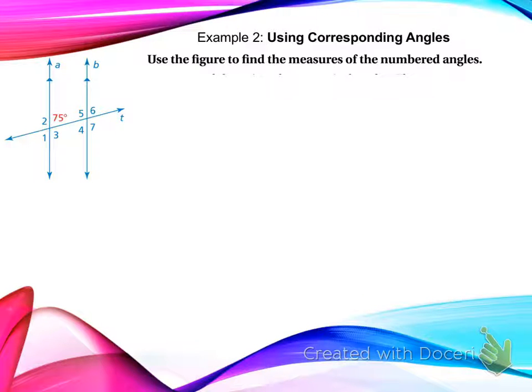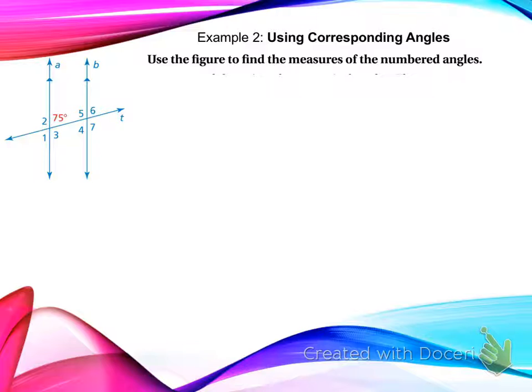So let's look at example 2. Here we're going to use corresponding angles in the figure to find the measure of the different angles. To start off with, we can see that angle 1 is what is called a vertical angle. In other words, it's right across from that 75 degrees.